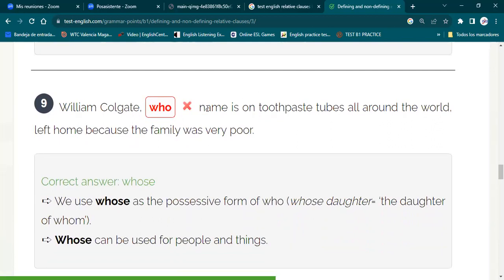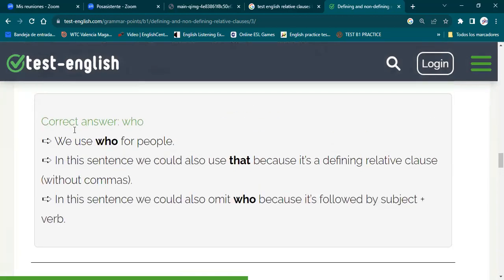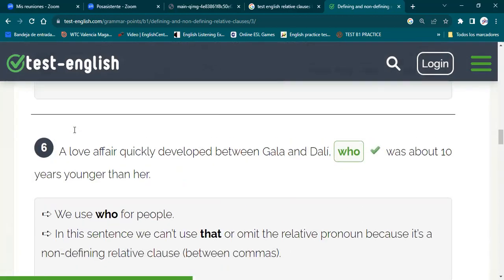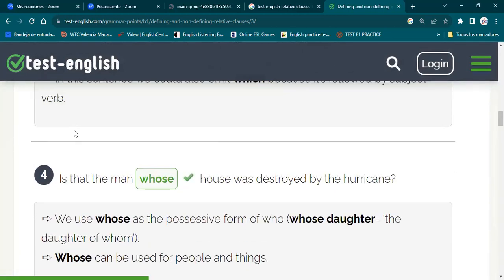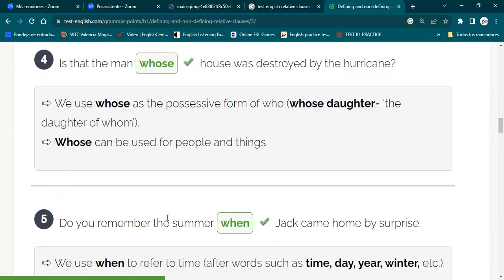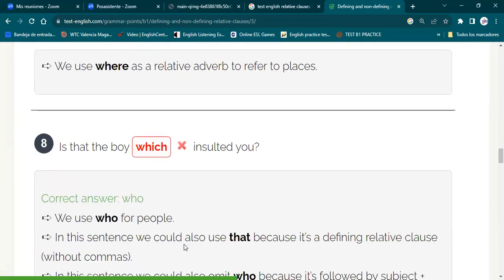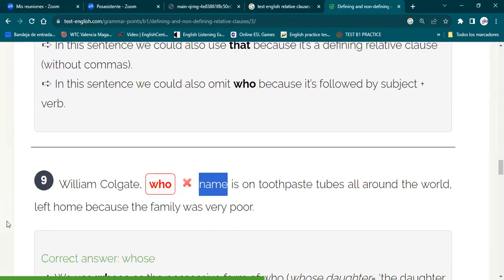William Colgate, the name belongs to William Colgate, so it's whose. William Colgate, whose name is on the toothpaste, because this word name belongs to William Colgate. It's like this is the man whose house; the house belongs to the man. So here, the name belongs to the person.